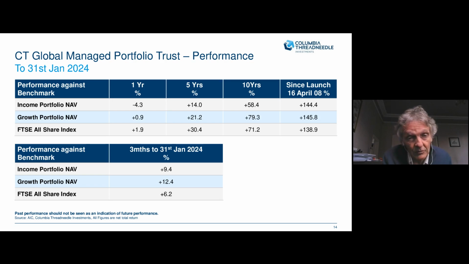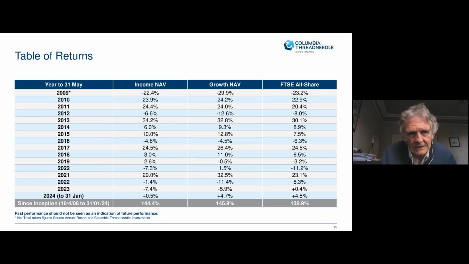The income portfolio is up 9, the growth portfolio up 12.5. And that just gives you a little flavour of, hopefully, the direction of travel when we reach a stage where we're closer to interest rate cuts, and actually that happens. So that's quite important to bear in mind.